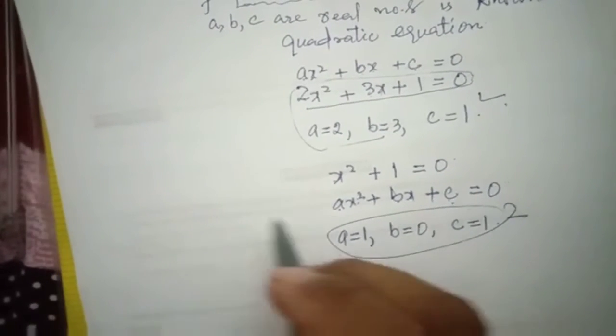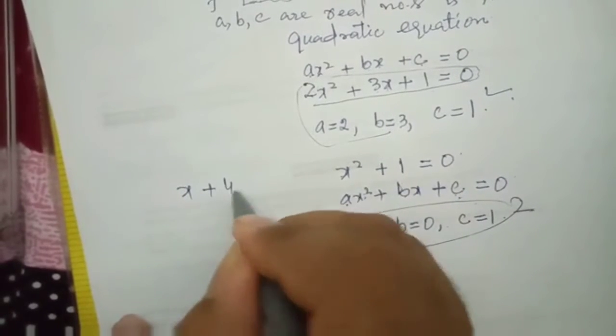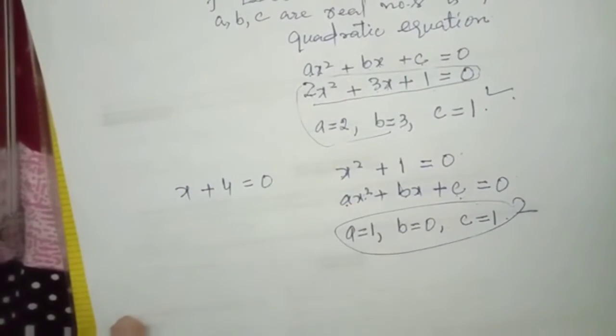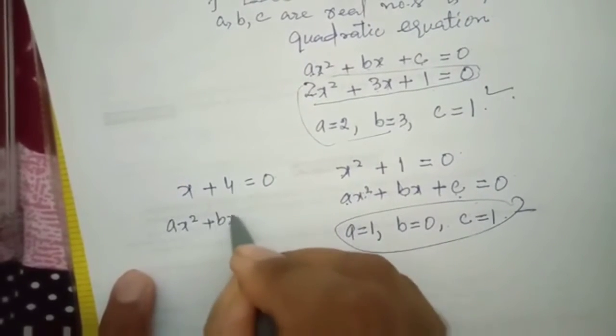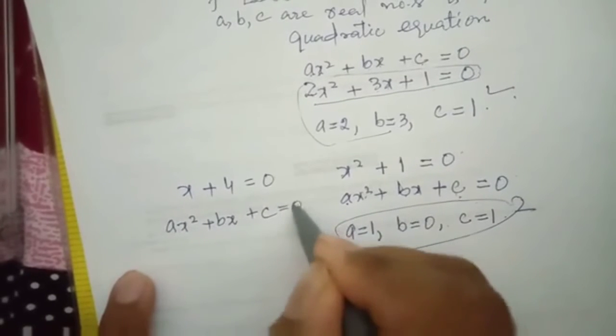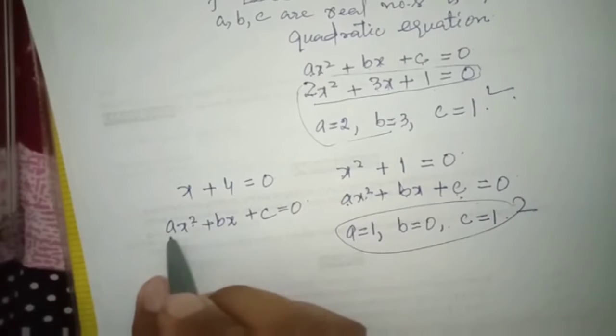Now I will give one more example. If I write x plus 4 is equal to 0. Now see here, if I compare this with ax square plus bx plus c is equal to 0, coefficient of x square is a.